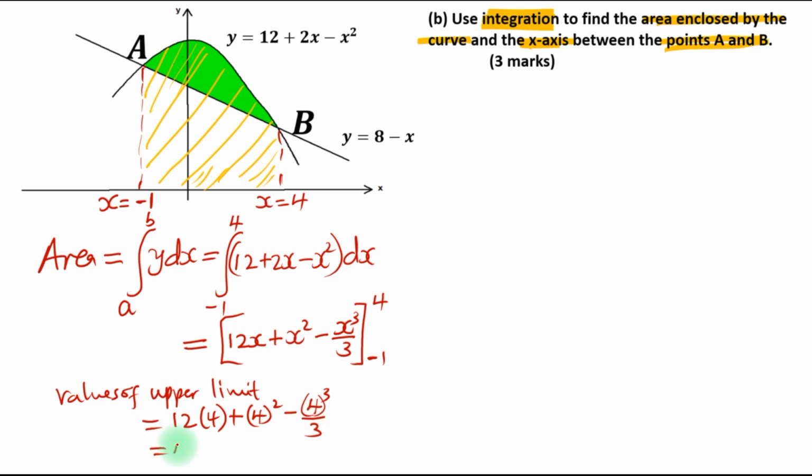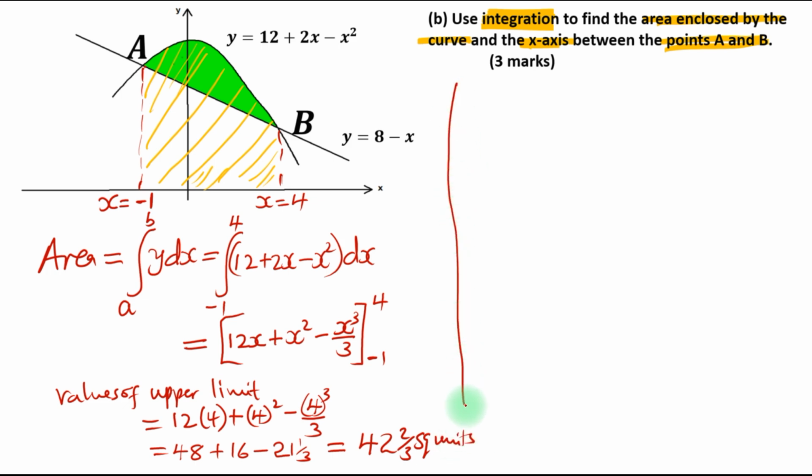If you work out, this is 48 plus 16 minus 21 and a third. So we end up getting 42 and 2/3 square units. That's the value of the upper limit.